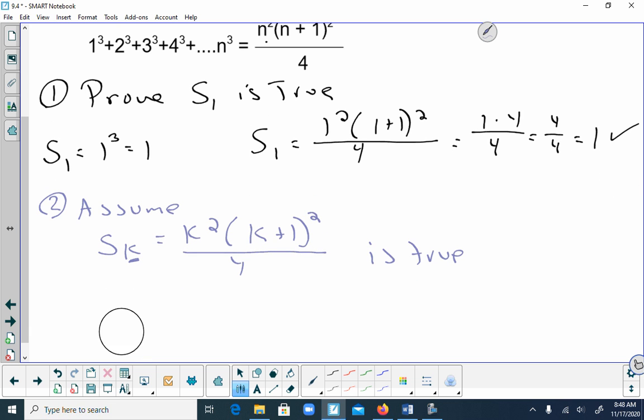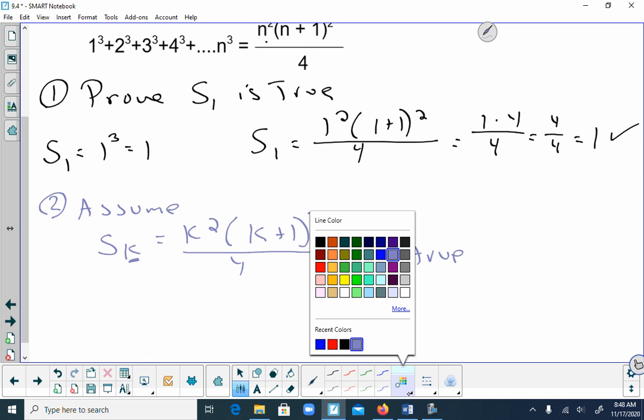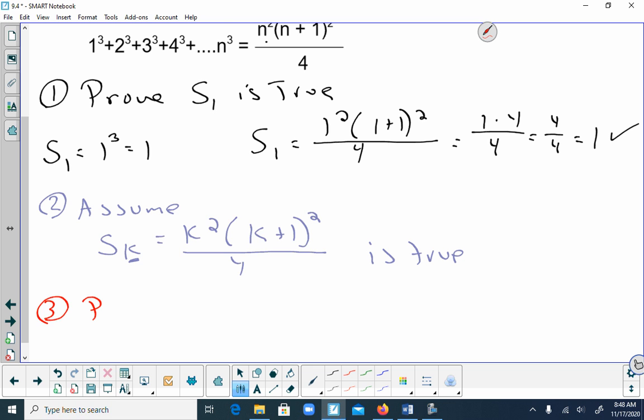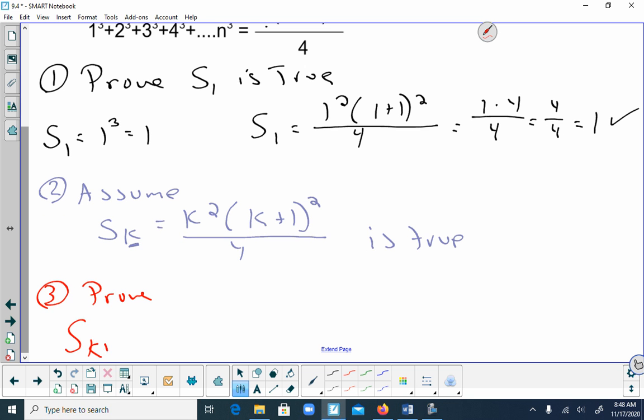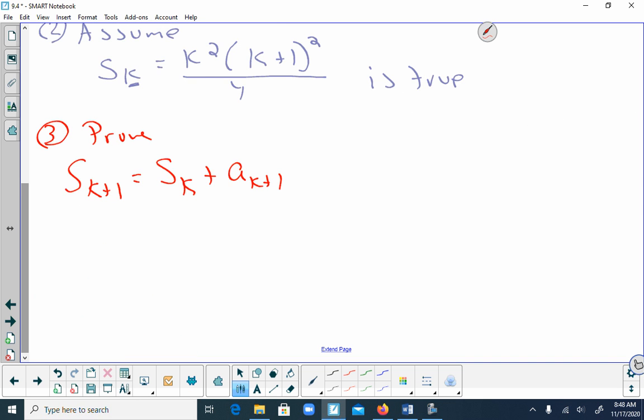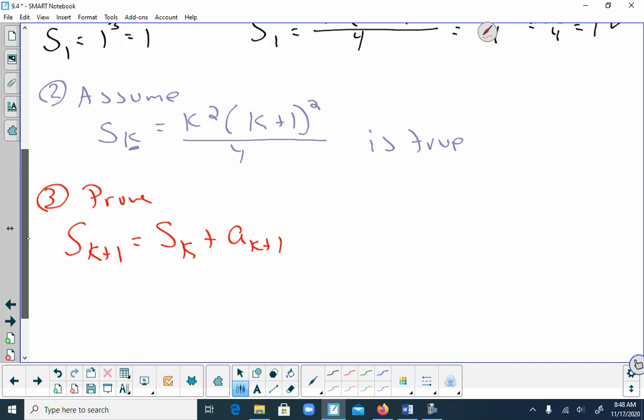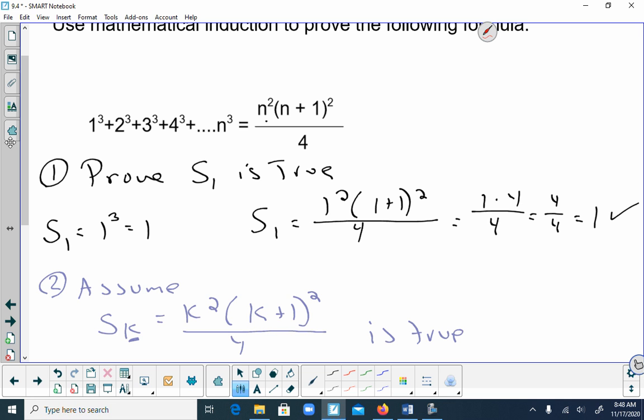And then the last thing I'm going to do is prove that the sum of k plus 1 is going to equal the sum of the previous term plus the next term. So here we go. In place of n, I'm putting in k plus 1.